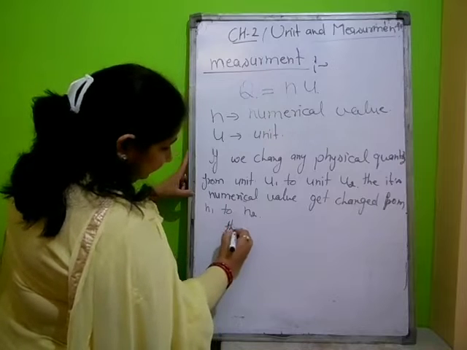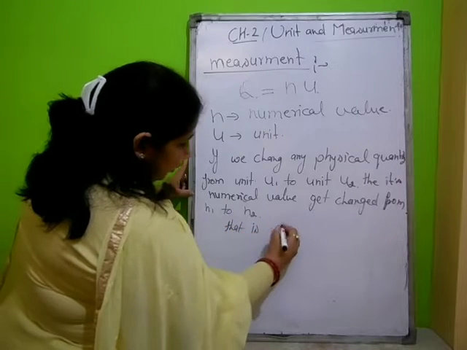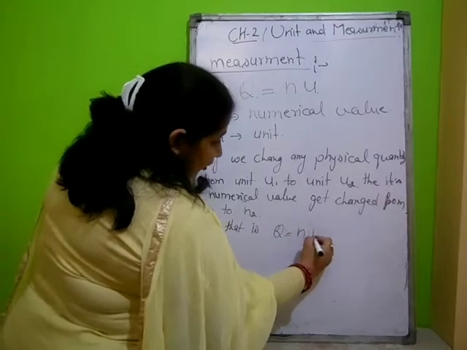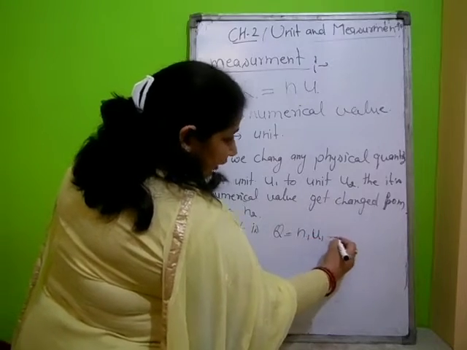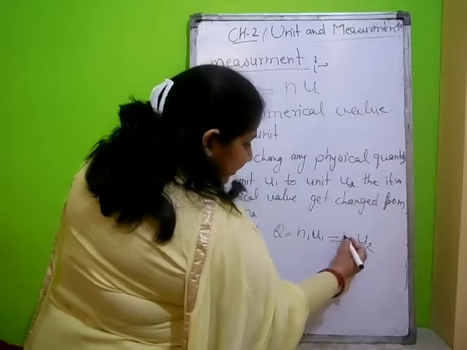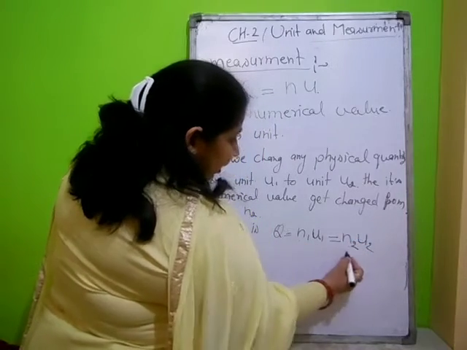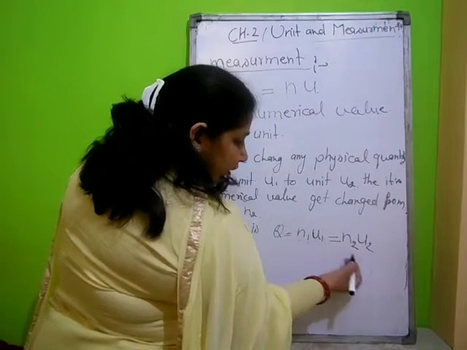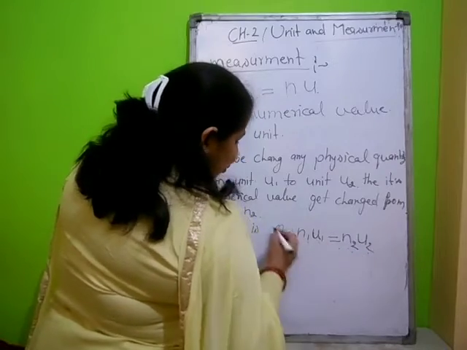That is, if Q is equal to N1 U1 and we replace U1 by U2, then the change will be in N2, but N1 U1 is always equal to N2 U2.